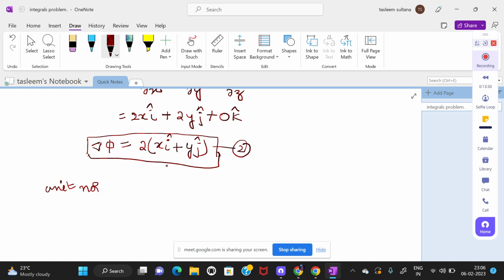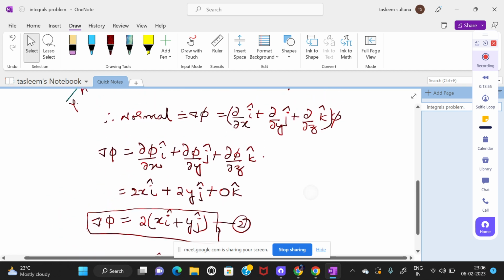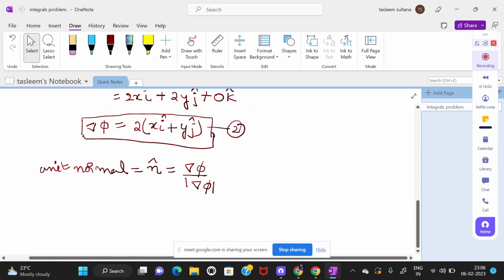Unit normal, which is denoted by n cap, is nabla phi divided by the magnitude of nabla phi.